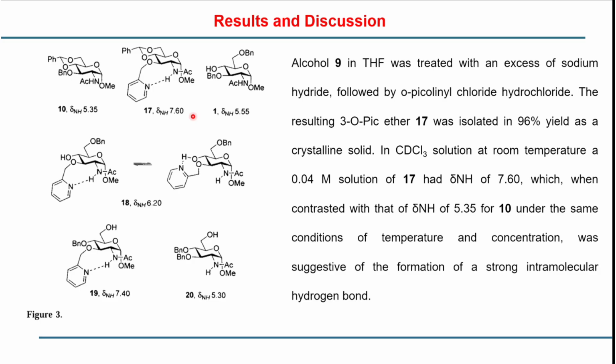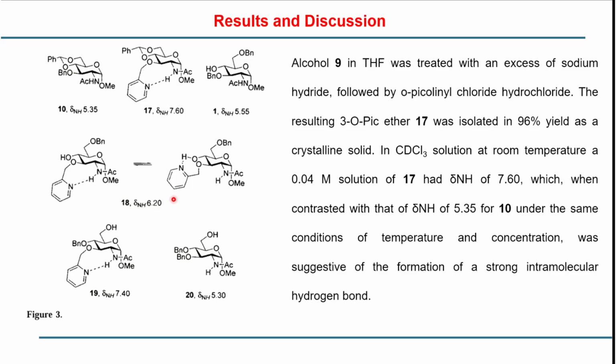In the case of 18, there is a competition for hydrogen bonding between the C4 amide group and the C4 hydroxy. The chemical shift value of NH came down to 6.2. So that means there is hydrogen bonding with this, but there is competition from the C4 hydroxy, so it's not a strong hydrogen bonding.